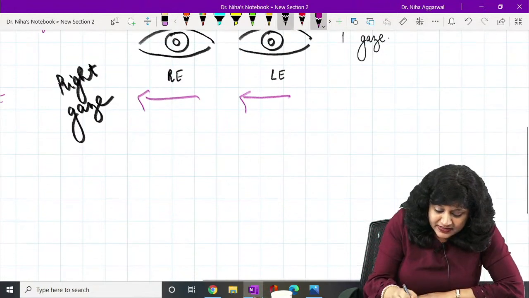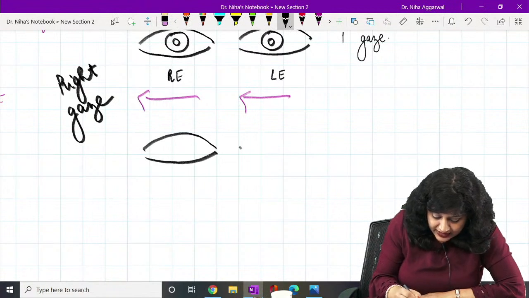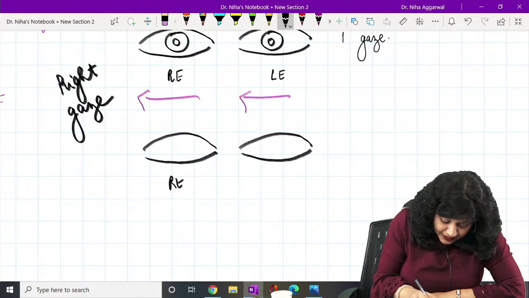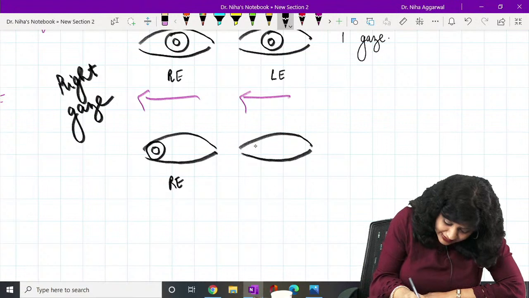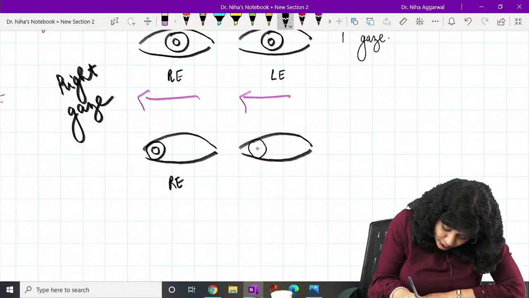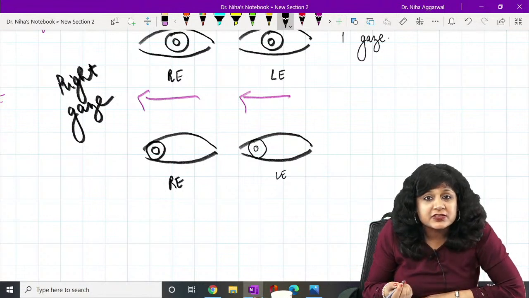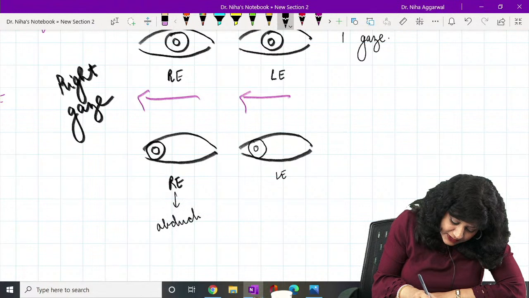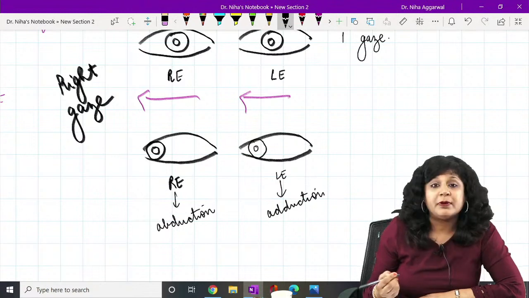This means the right eye will go into abduction and this left eye will go into adduction. Are you able to get this?